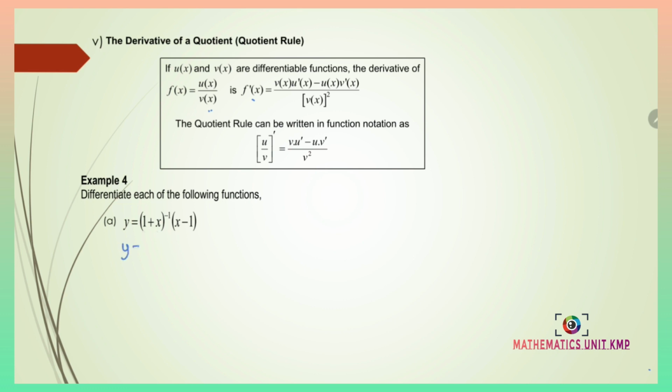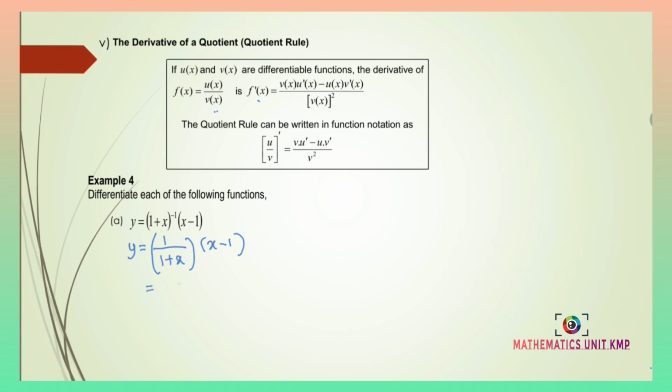Y is equal, because this is a power negative 1, meaning that here is 1 over 1 plus x, times with x minus 1, which is x minus 1 over 1 plus x.